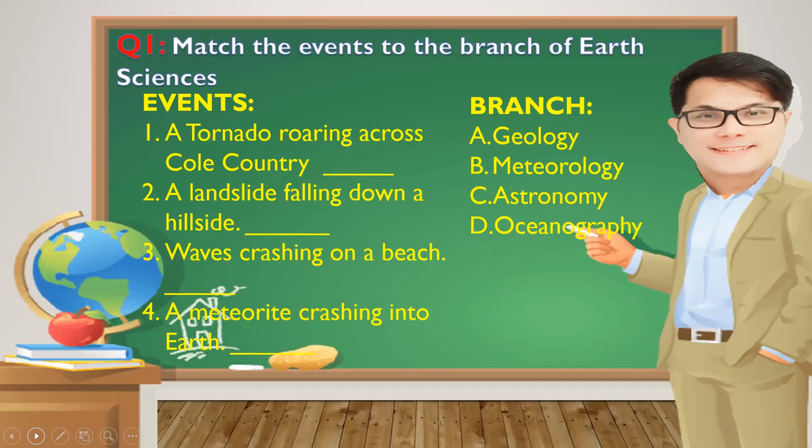Write down your answer from branch A, geology, B, meteorology, C, astronomy, and D, oceanography. Just write your answer after the statement of the event. All right, go.